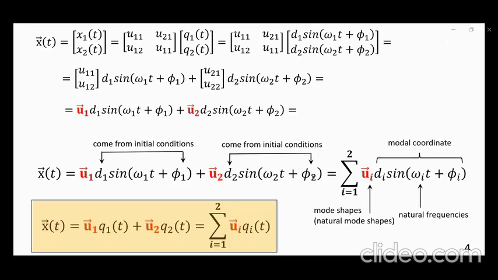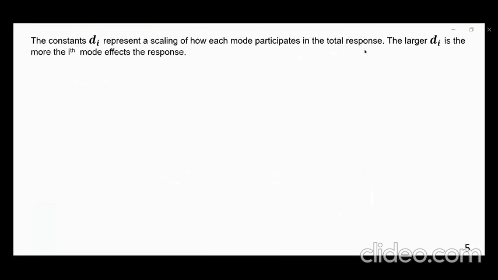Now these Dis that you saw a minute ago are right there, D1 and D2, in general Di. These are called modal participation factors, and they tell you how much of mode 1, because it's a multiplier of that sine term basically, is important, is participating in the overall response.